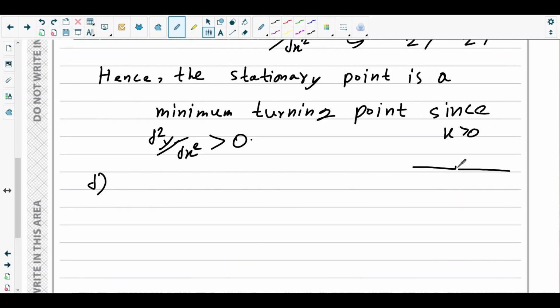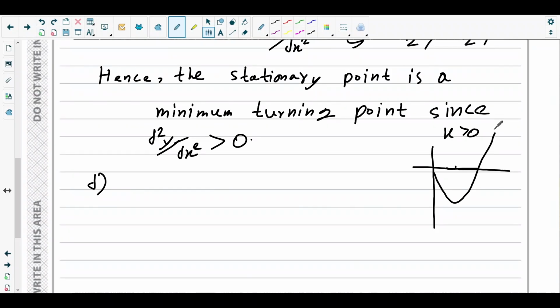It will have only positive x-axis. So the curve will look like this, just as a sketch for understanding. At 9/4 it is having a minimum turning point, and after the minimum turning point it is increasing. That's how it will work, isn't it?